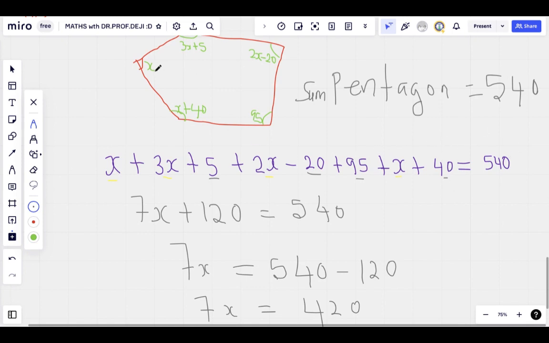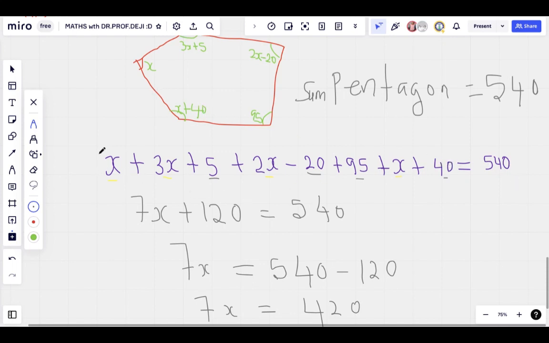So what it simply means is to add x plus 3x plus 5, then plus 2x minus 20, then plus 95, plus x, then plus 40, equal to 540.